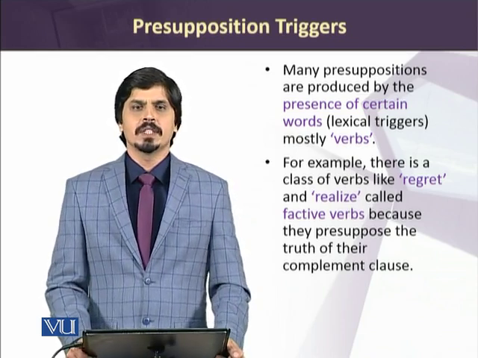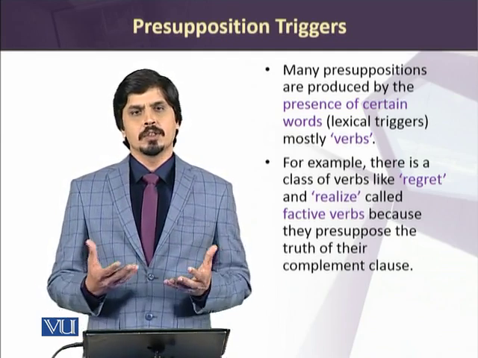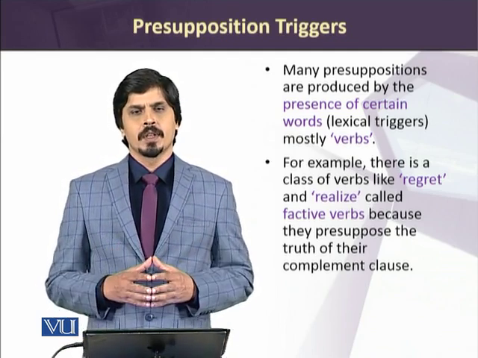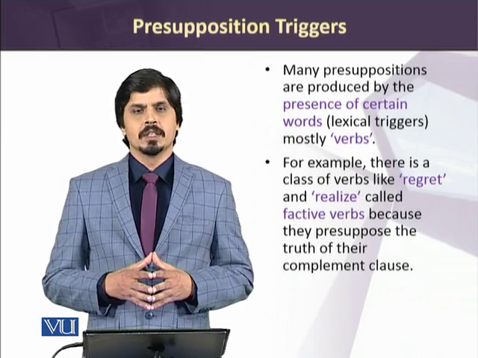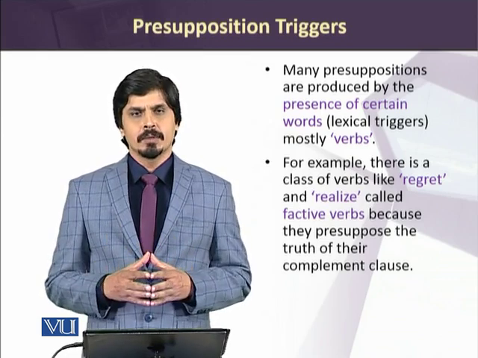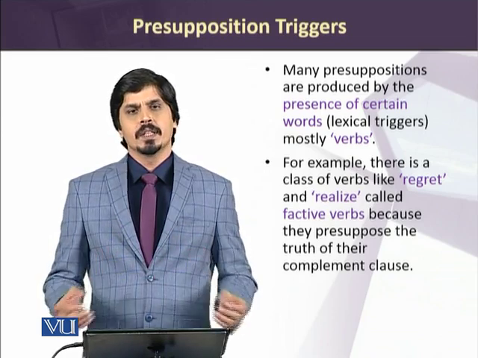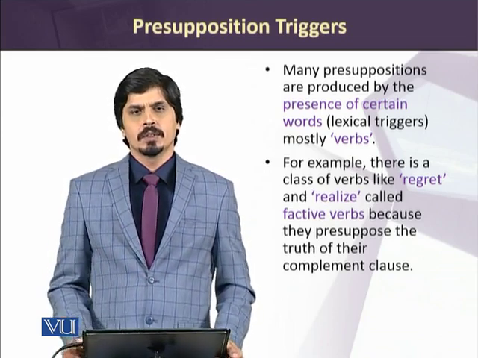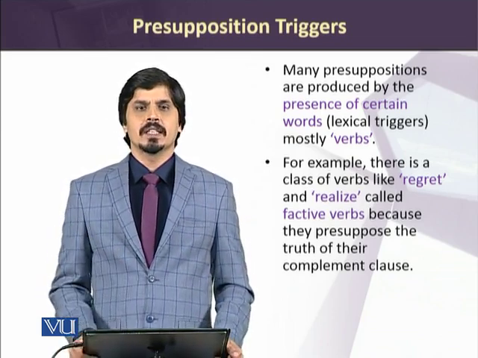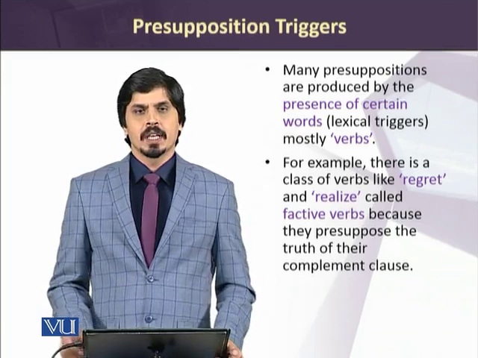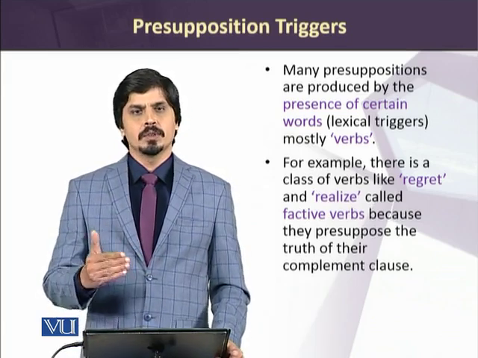For example, if I say, I regret going to Islamabad, that means that I went to Islamabad. So you can assume that I went to Islamabad. The assumption is that I went to Islamabad.